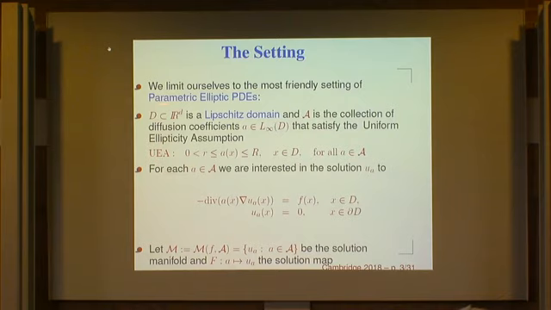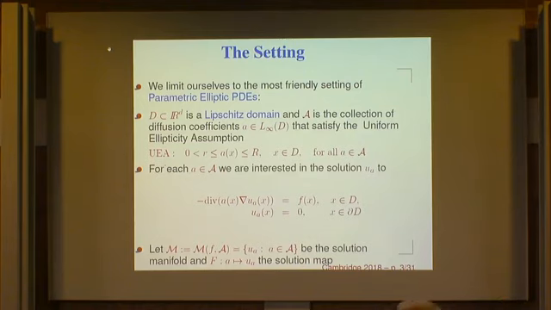I'm going to have a parametric family of elliptic PDEs. They're of this form: minus divergence of A grad U equals F. F is going to be fixed and known to me, with zero boundary conditions. And I have this family A of diffusion coefficients. These are the parameters in some sense.